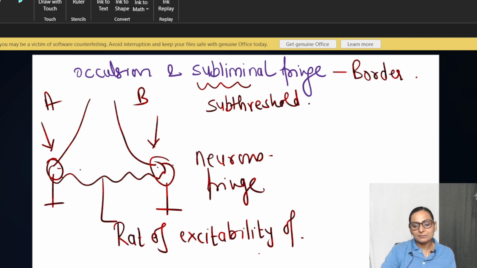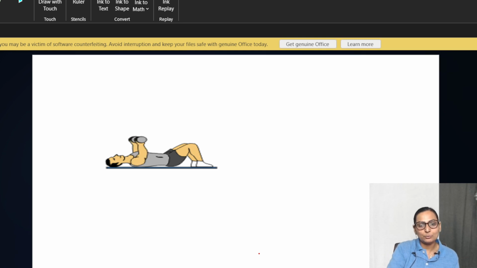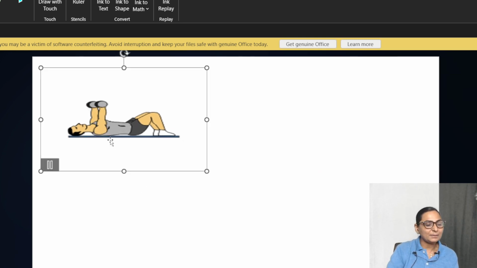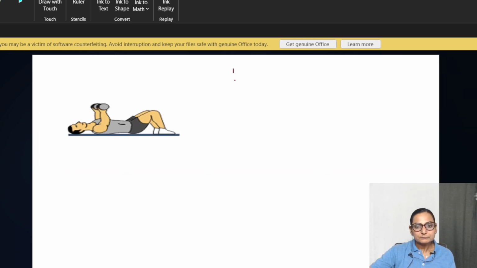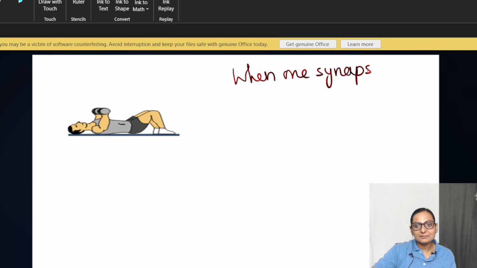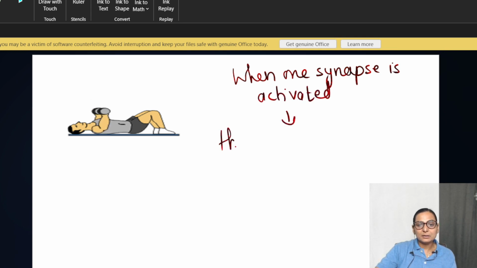So एक statement हम लिखते हैं so that you will become very easy with what ma'am is going to teach you. So remember that when one synapse is activated, the sensitivity of the other synapses can be altered.